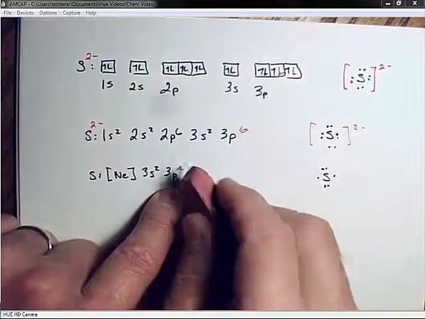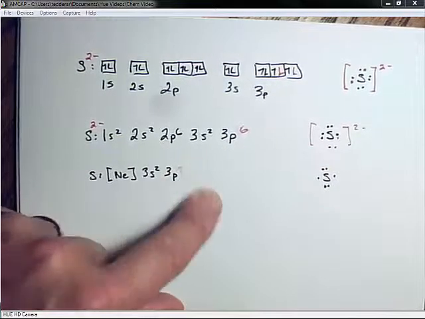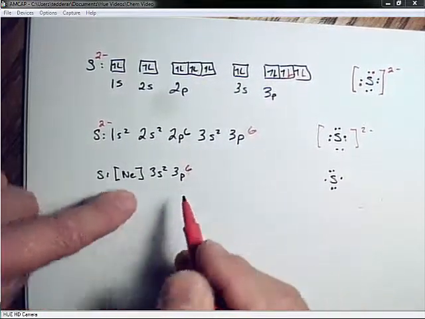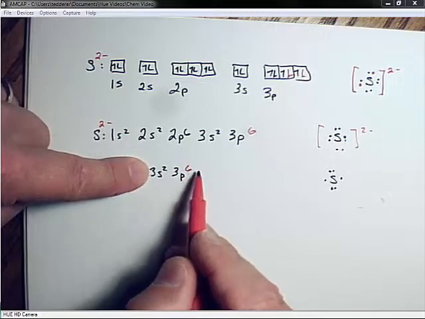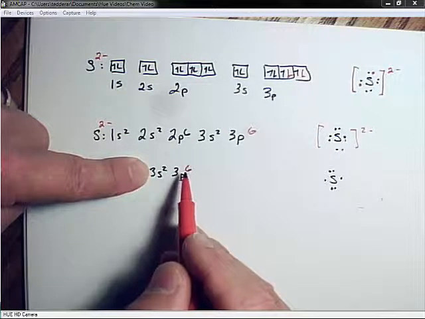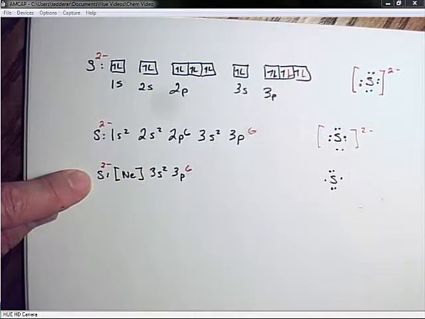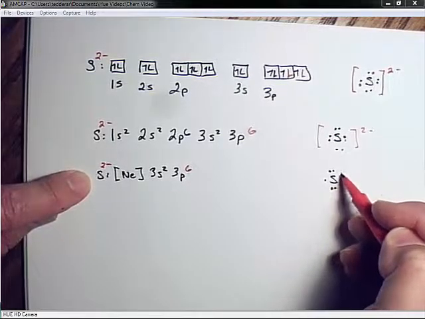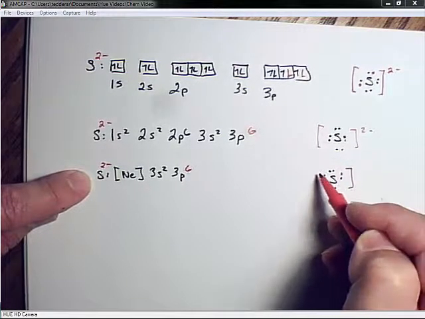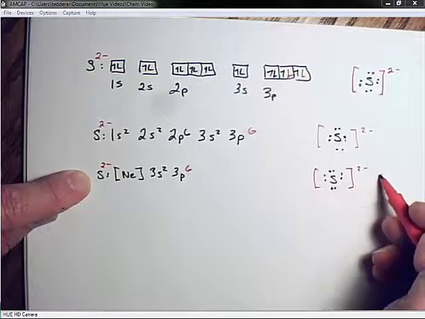Okay, and down here, instead of 4 electrons in 3p, I'm adding 2 more, making it 6. A total of 8 electrons in the valence level now, because they want to have 8. That means this sulfur now has a 2 negative charge. We now call it a sulfide. And this is 2 electrons here and a 2 negative, and we get a sulfide.